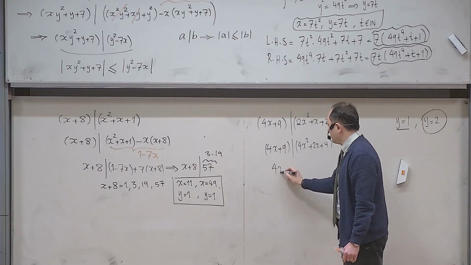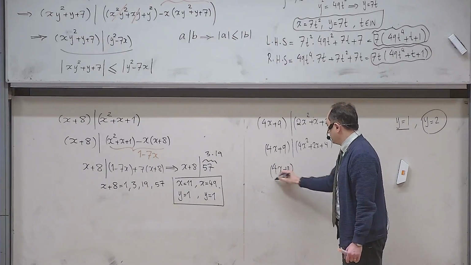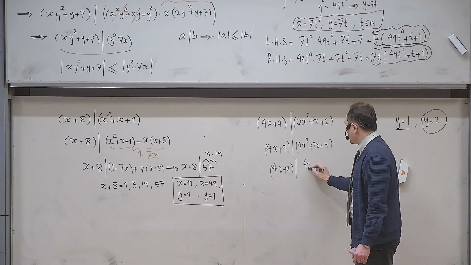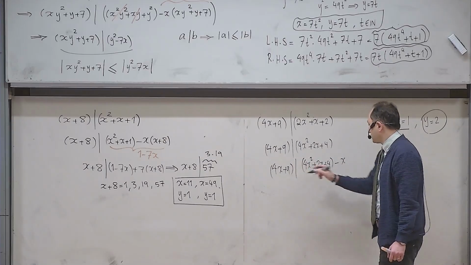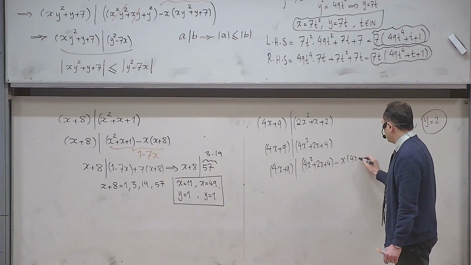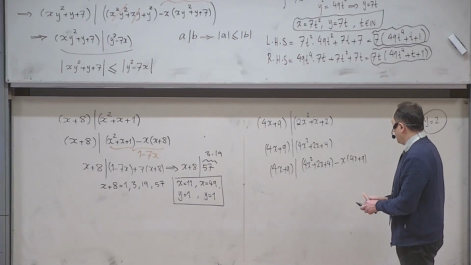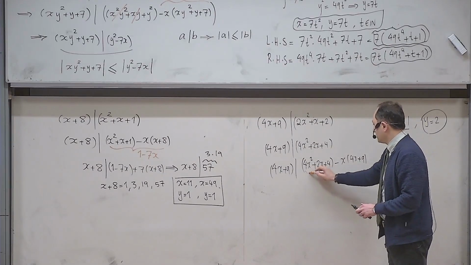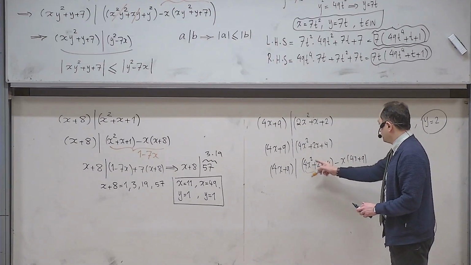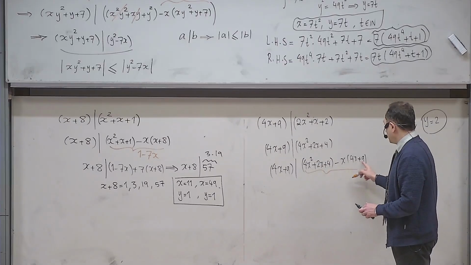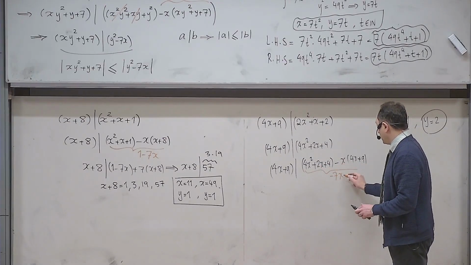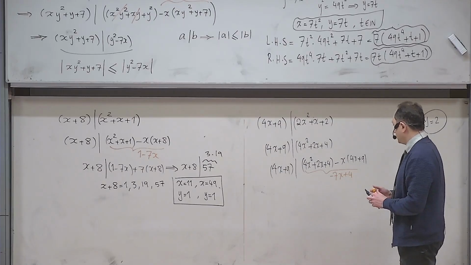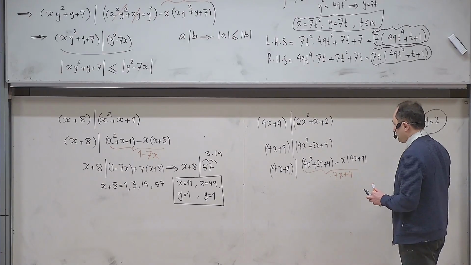So it becomes 4x plus 9 divides 4x squared plus 2x plus 4, and then minus x times that expression. Okay, and if I simplify this, 4x squared are gone, minus 9x plus 2x is minus 7x, and then I have plus 4. Yes, so what is left for me is this one.